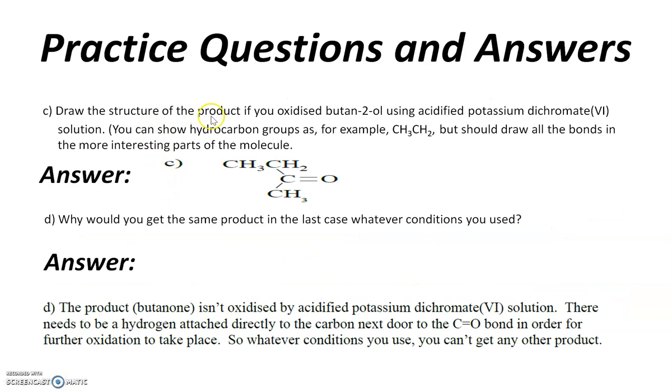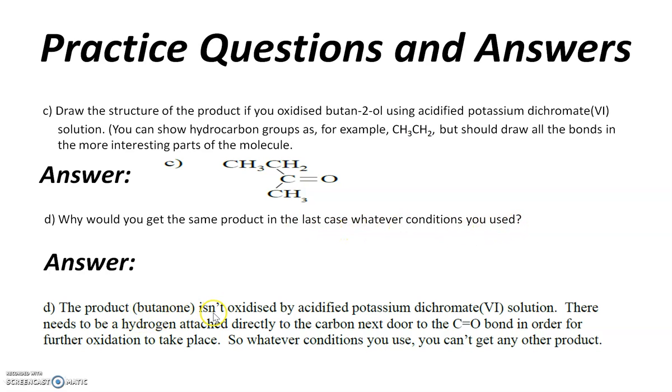Draw the structure of the product if you oxidize butan-2-ol using acidified potassium dichromate solution. So now we have a secondary alcohol, and you all know that when a secondary alcohol is oxidized, the product will be a ketone. Why would you get the same product in the last case whatever condition you use?